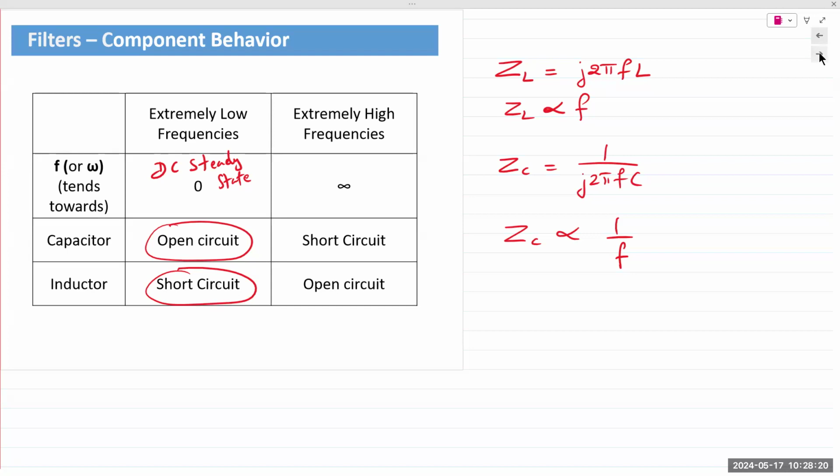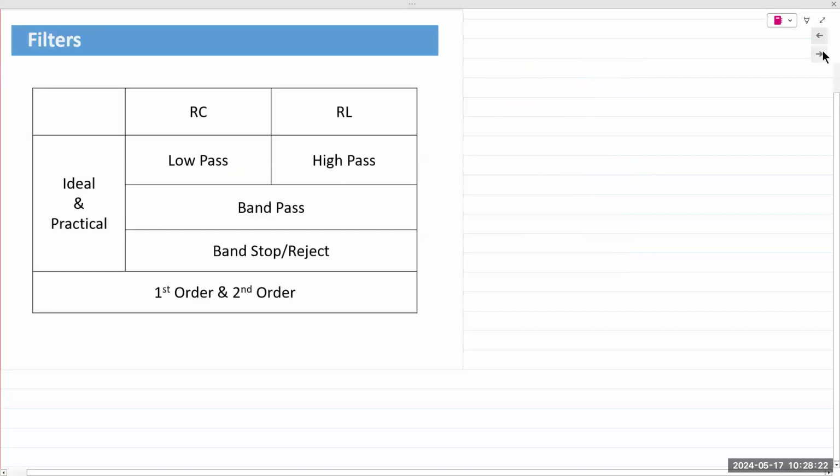So the filters we're going to study in this chapter are broadly classified between capacitors and inductors, so we can describe them as RC or RL. And depending on whether they are blocking or passing a certain band of frequencies, we can call them low pass filters or high pass filters. So low pass and high pass are referring to frequency.